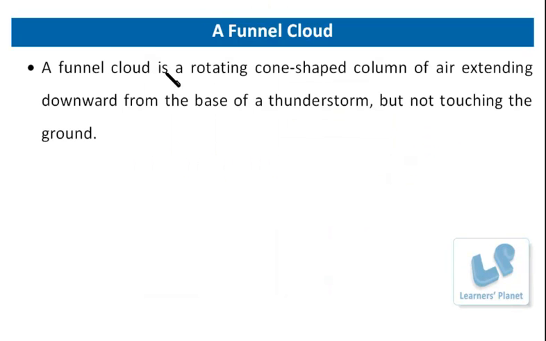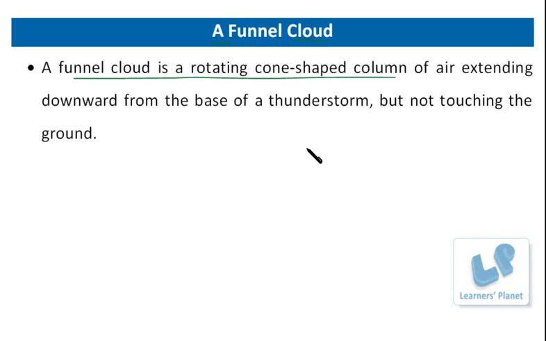Now, my dear friends, after getting an idea of the formation of tornadoes, we are going to see what is meant by a funnel cloud. As I said before, a tornado is also like a funnel cloud, but technically that is not the correct term. A funnel cloud is a rotating cone-shaped column of air extending downward from the base of a thunderstorm but not touching the ground.